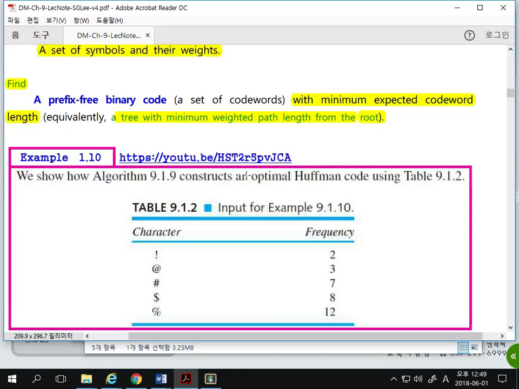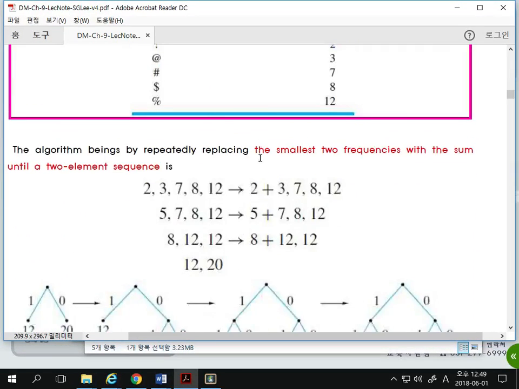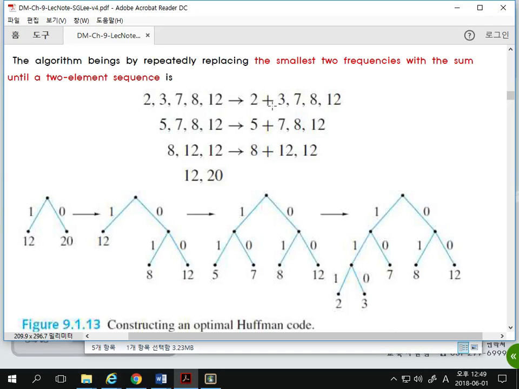Okay. Here is the example. The following algorithm begins by repeatedly replacing the smallest two frequencies with their sum until a two-element sequence remains.